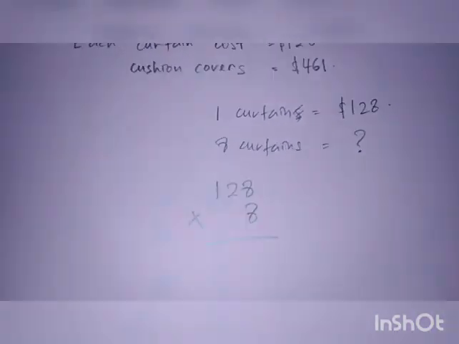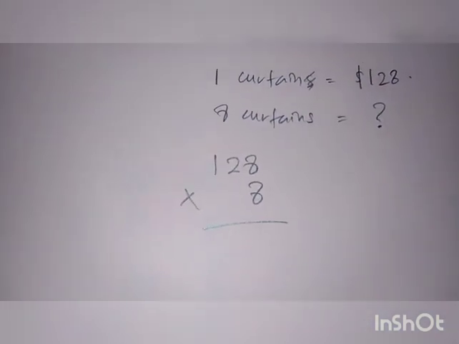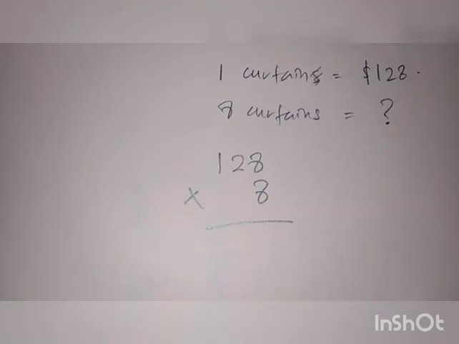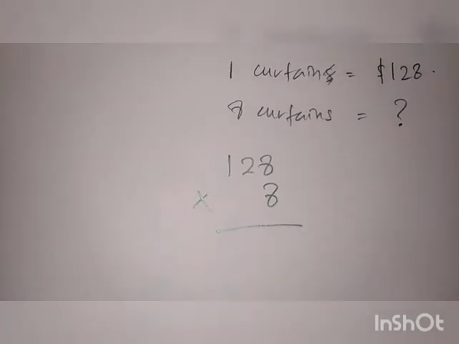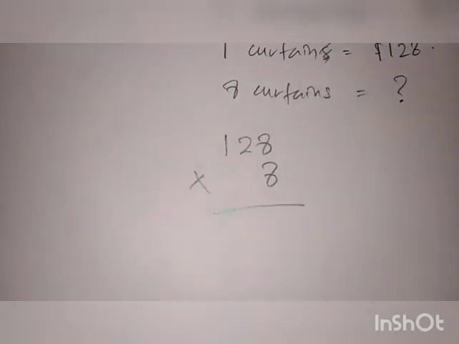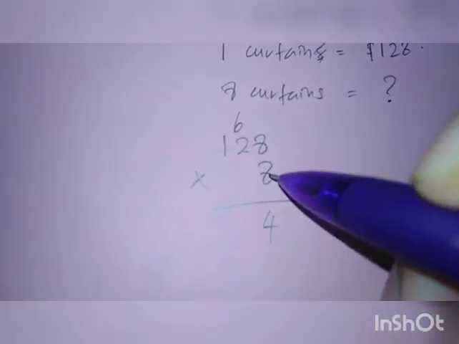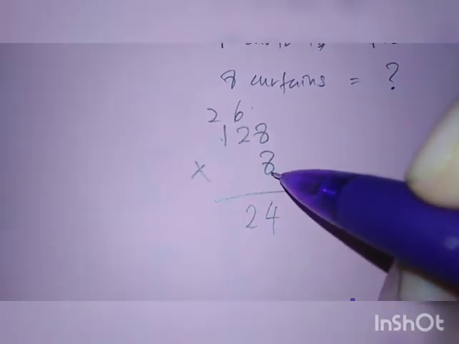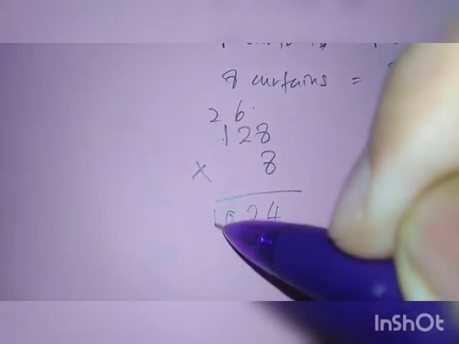During this holiday, please make sure that you memorize all the multiplication tables from 2, 3, 4, 5, 6, 7, 8, 9, 11, and also 12 if you can, alright? So now, 8 times 8, you will get 64. 2 times 8, 16, plus 6, you will get 22. 1 times 8, you will get 8, plus 2, you will get 10.